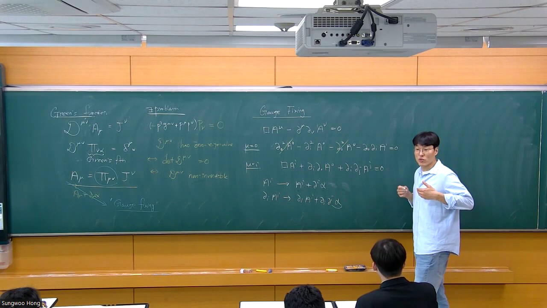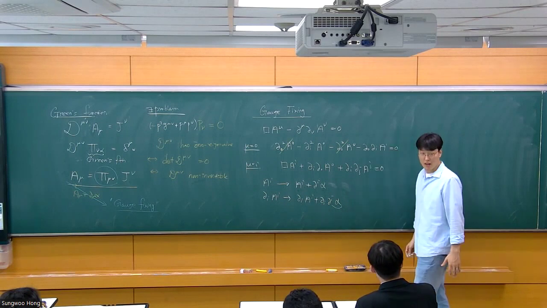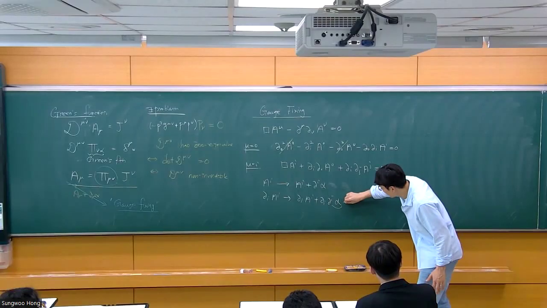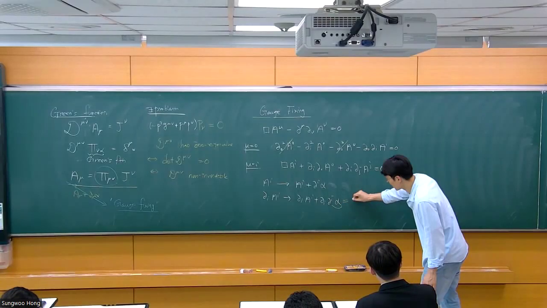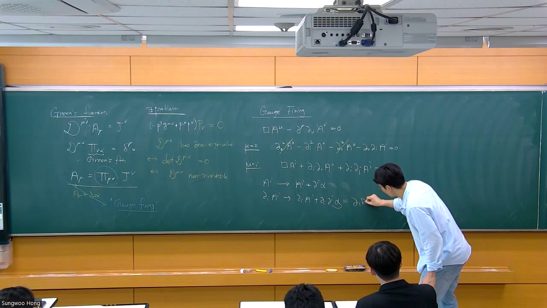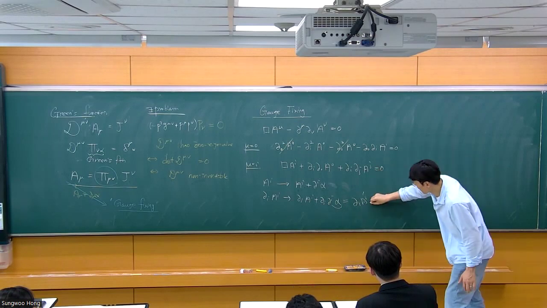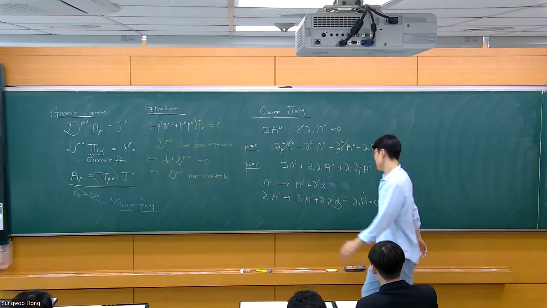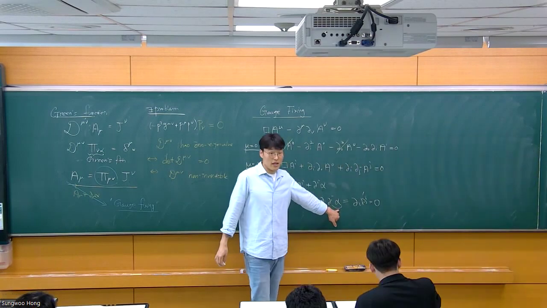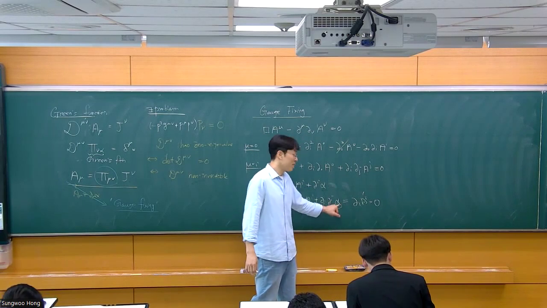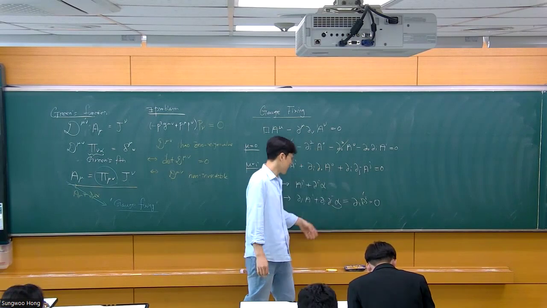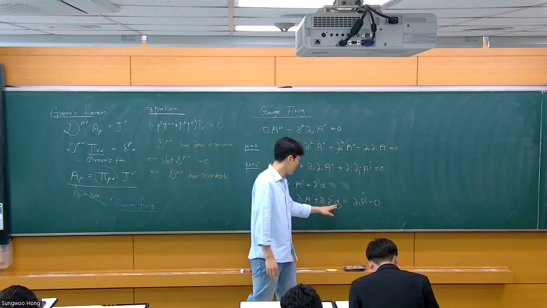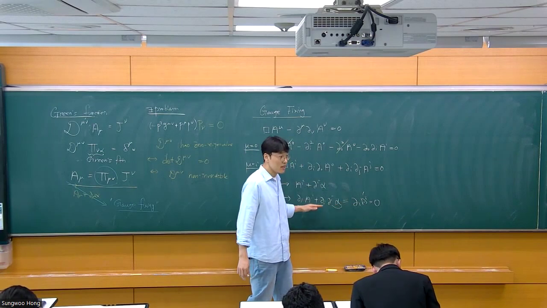Now I'm about to give up on my freedom by saying that, no, I'm not going to take an arbitrary alpha. Instead, I'm only allowing alpha that satisfies, if I write this as the transformed A, the divergence equal to 0. So this equation is a condition on alpha. So you started out with an arbitrary alpha. When you impose this, obviously, you reduce the space of alpha all the way down to something that only satisfies this condition.